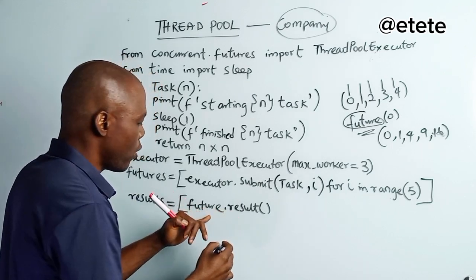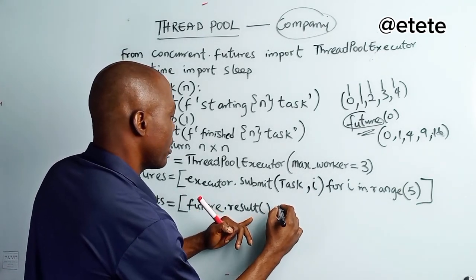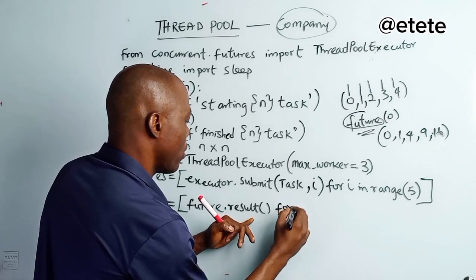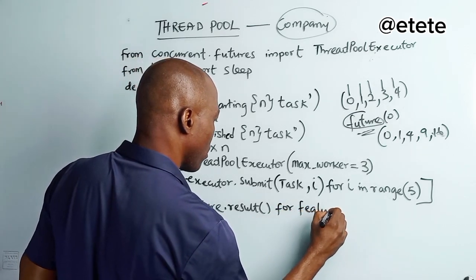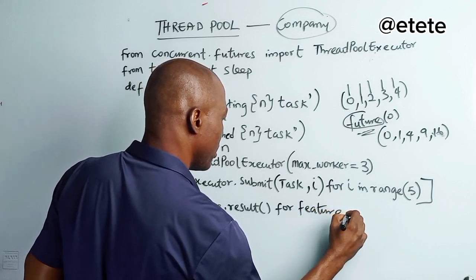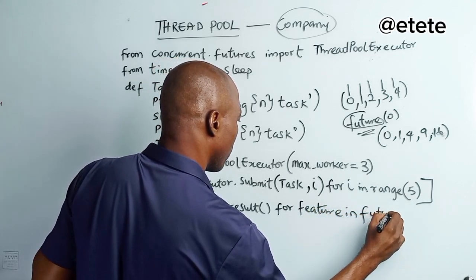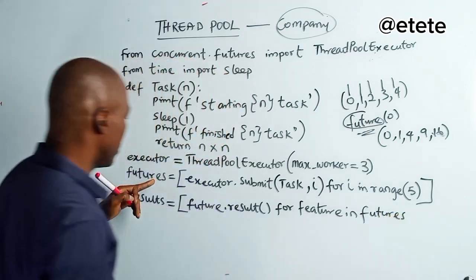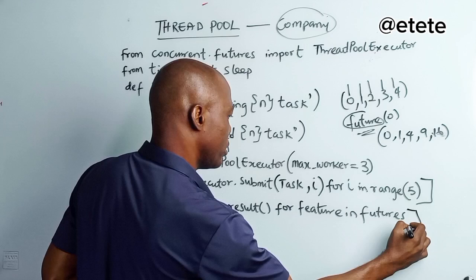So for future.result, for future in futures, which is this one. So you close this.